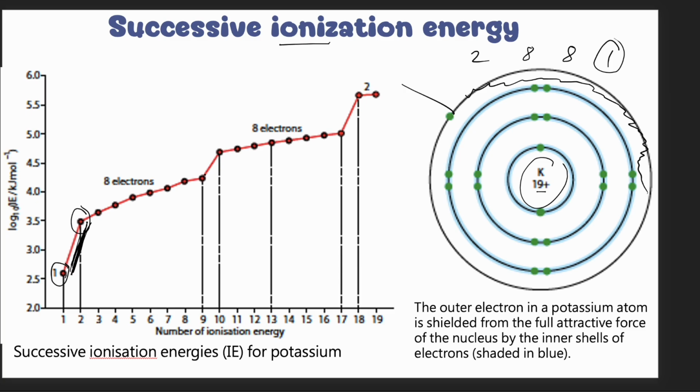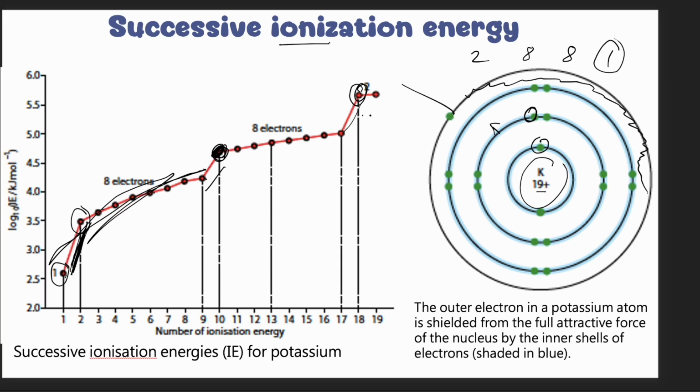And look at here. This is 1, 2, 3, 4, 5, 6, 7, 8, 9. So after you remove this one, and now when you remove this electron, the 10th electron, there is again a high jump. So actually you remove one of the electrons from the second main energy level. And if you remove again, you move to this shell, so there is a high jump.